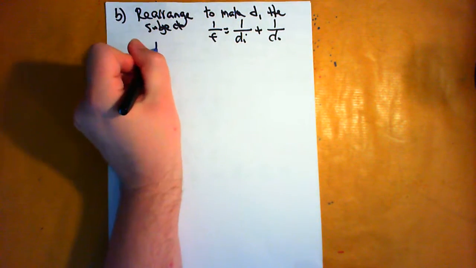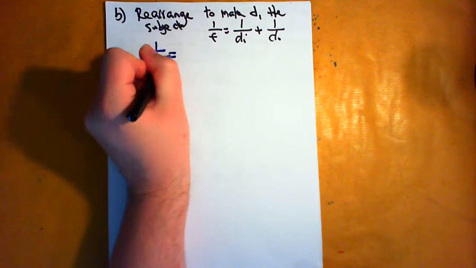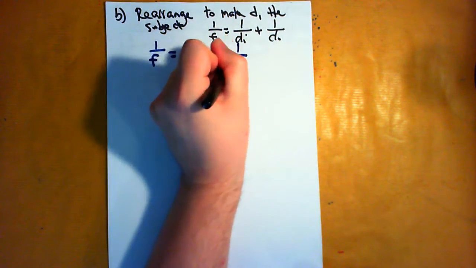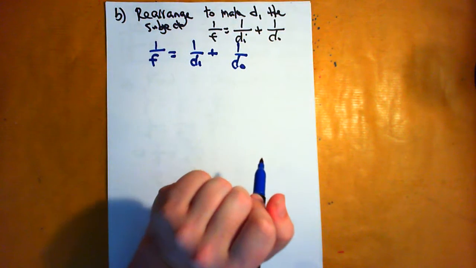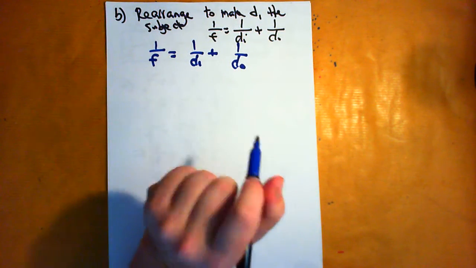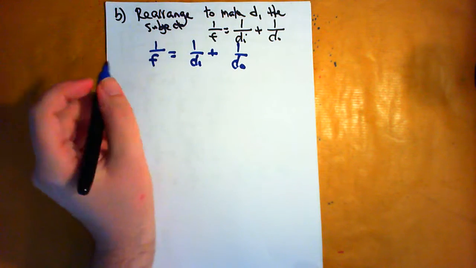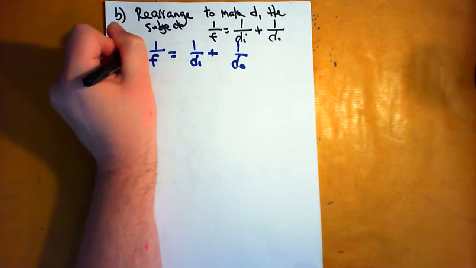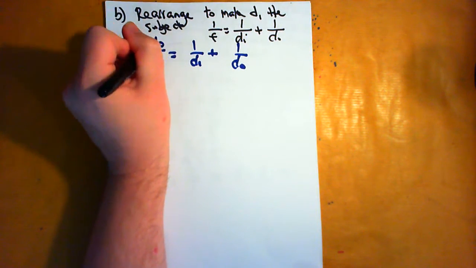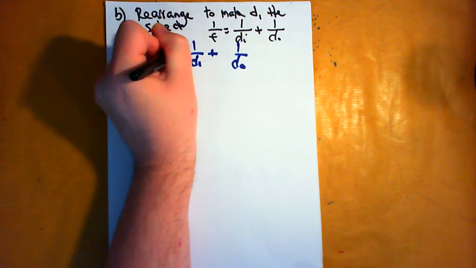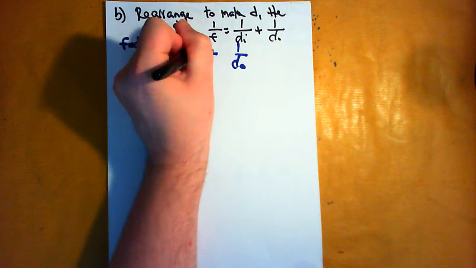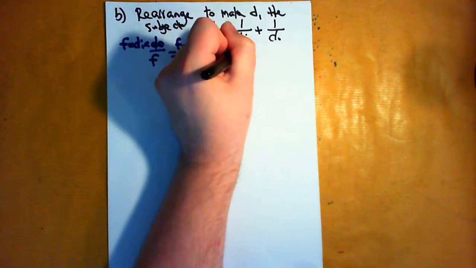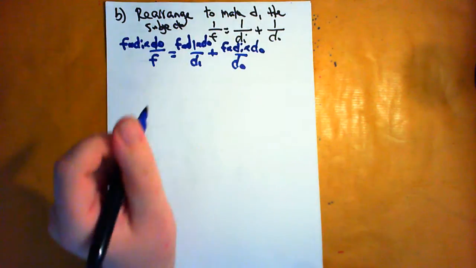So we've got 1 over f equals 1 over di plus 1 over do. Haven't done anything yet, but what we will do is multiply everything by f times di times do.